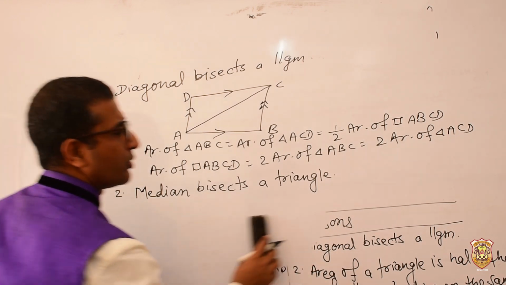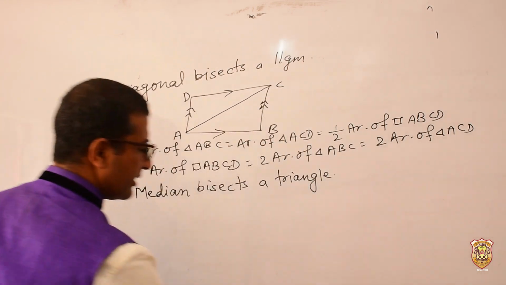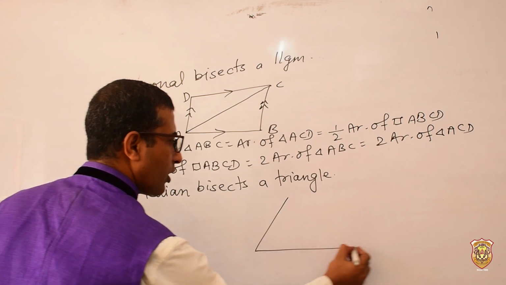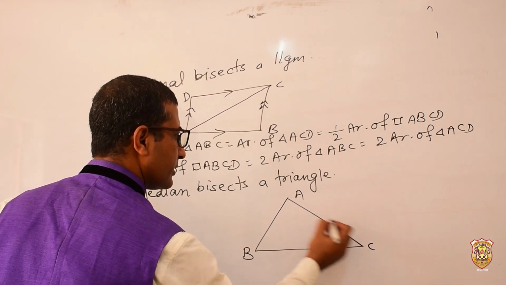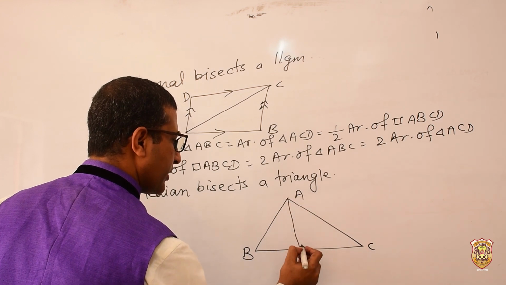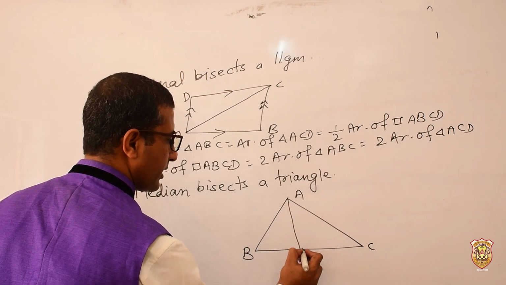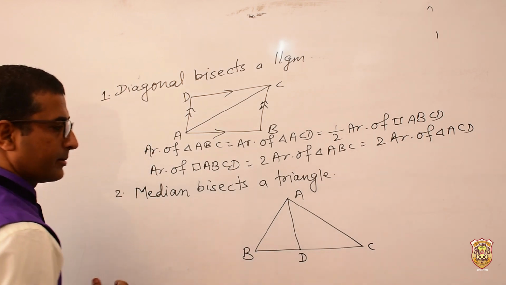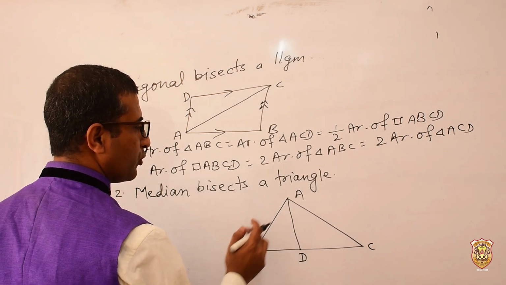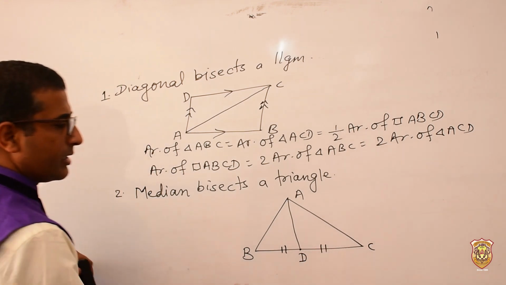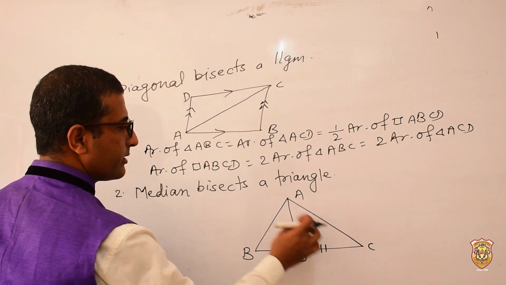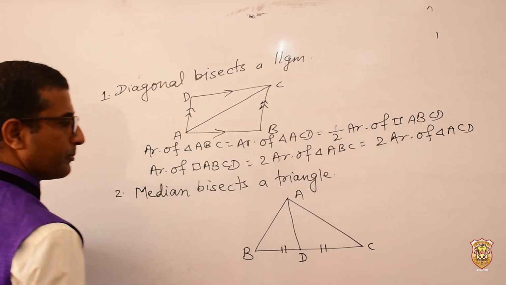I think all of you know what the median is. When we talk about the median, we must have a midpoint, a line segment joining the midpoint of the base and the opposite vertex. Here in this figure, D is the midpoint of BC, then AD is a median.